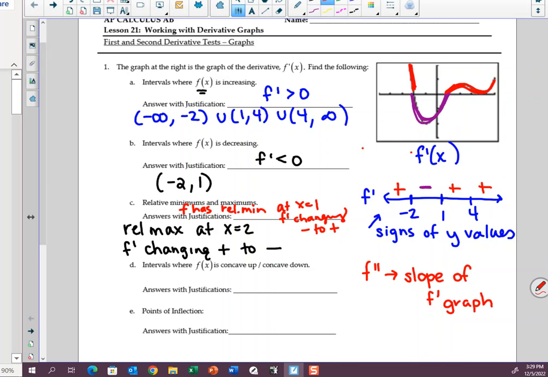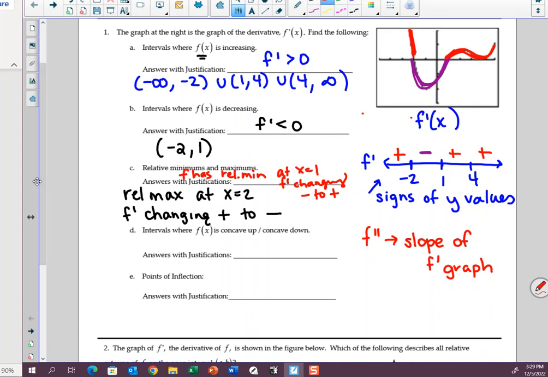So if I was going to make an f double prime number line that corresponds to the slope on this f prime graph, I would have a negative slope and then a positive slope, and then a negative slope, and then a positive slope.